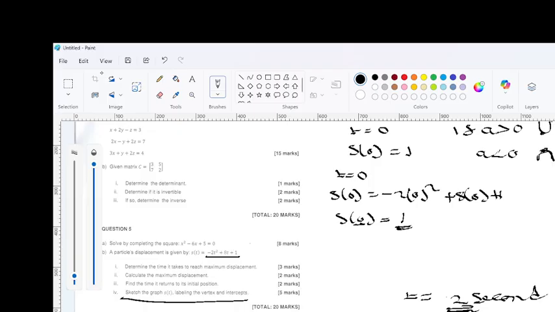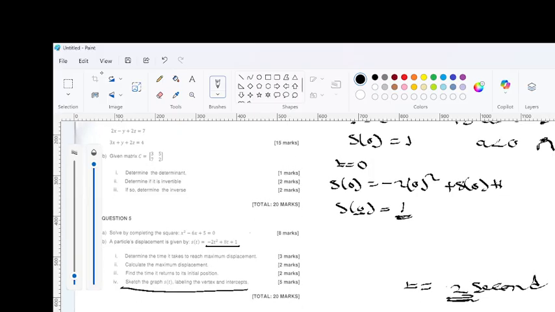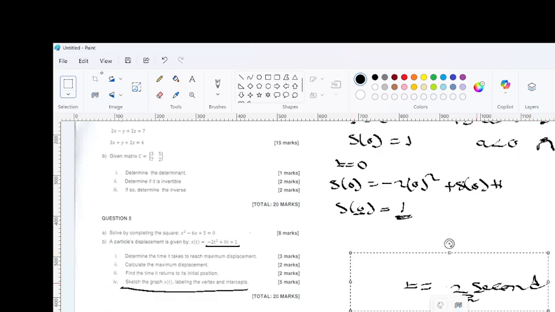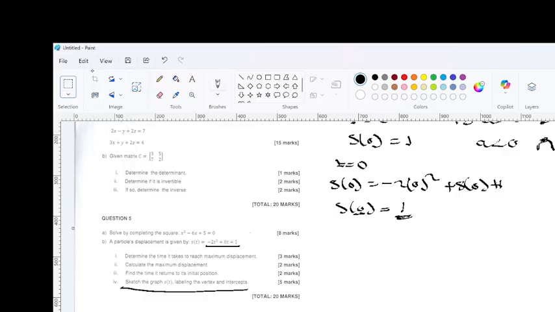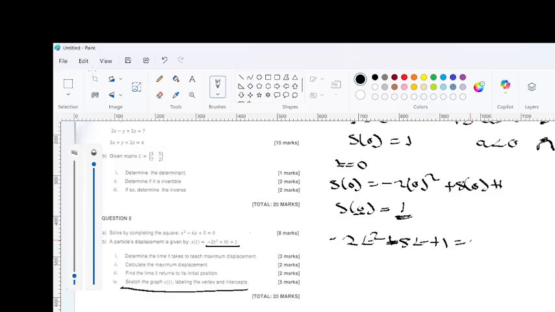So what we are going to do is equate the equation that we've been given to 1. So -2t squared plus 8t plus 1 equals 1.